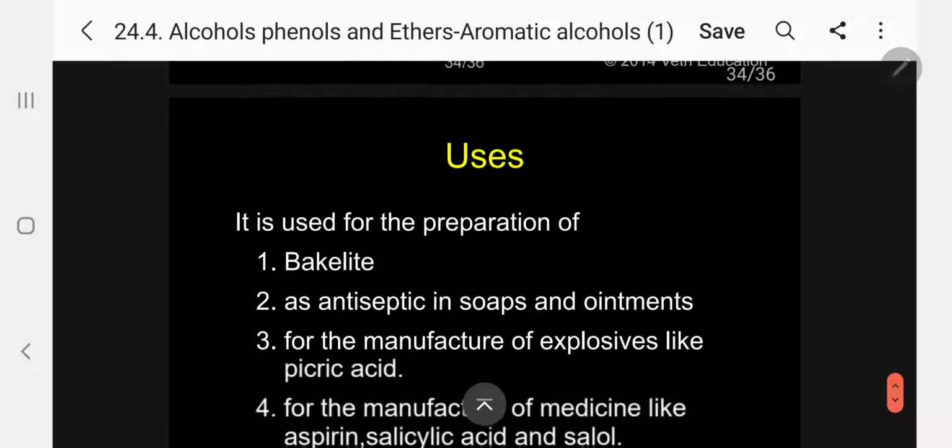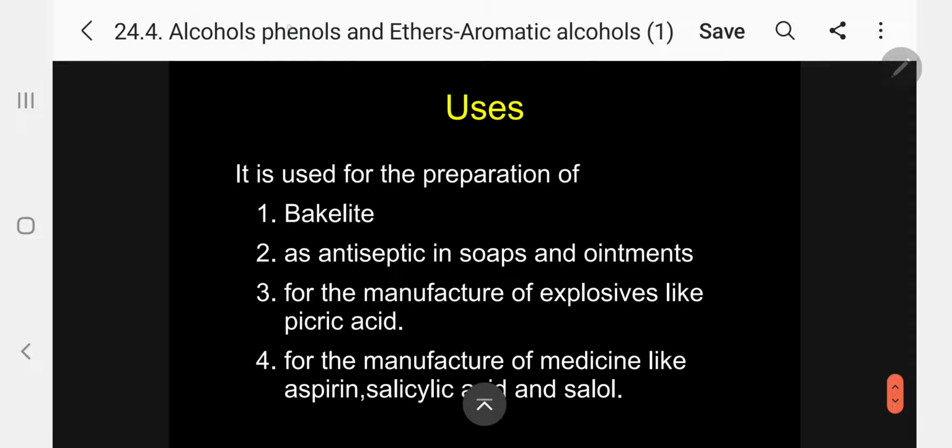So that finishes the chemical properties. Let me come to uses. Phenol is used for the preparation of bakelite. Phenol formaldehyde resin undergoes condensation to produce bakelite, a polymer. We will discuss this under formaldehyde.